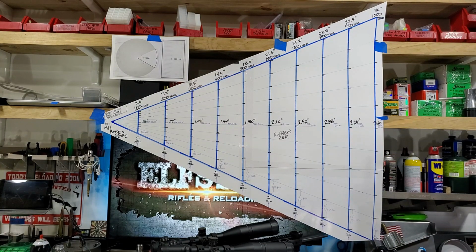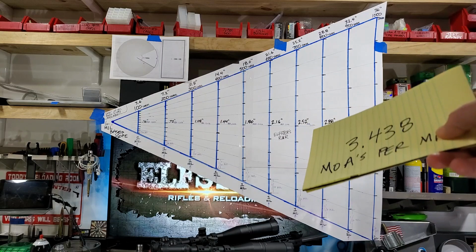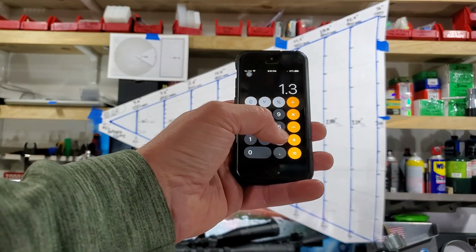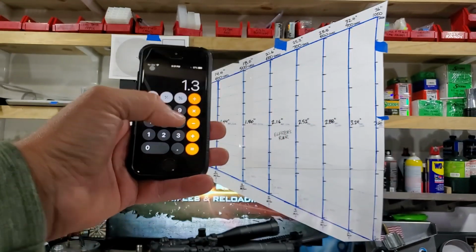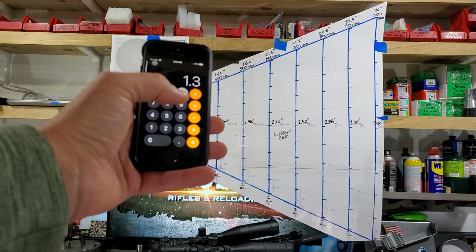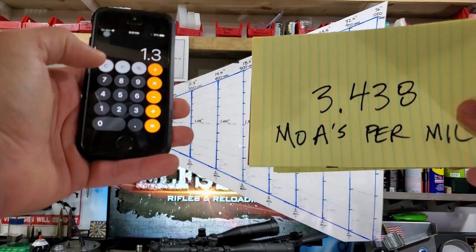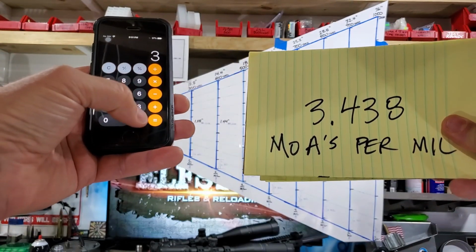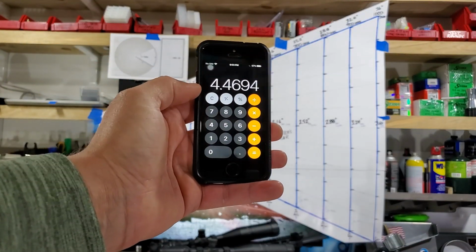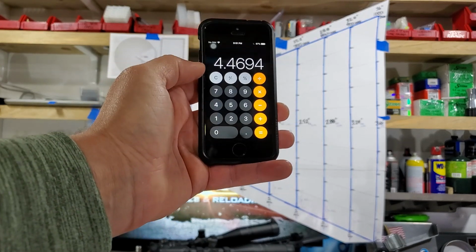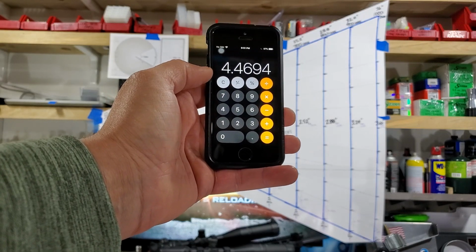And if you need to convert, for pure example's sake, say I need to convert 1.3 mils to minutes of angle, I'm simply going to take that 1.3, which is one full mil and 3/10 of another, and I am going to multiply that by 3.438, and you're going to easily convert that to minutes of angle, which is going to be 4.46. We're just going to round that up to 4.5, so that'd be 4.5 minutes of angle.